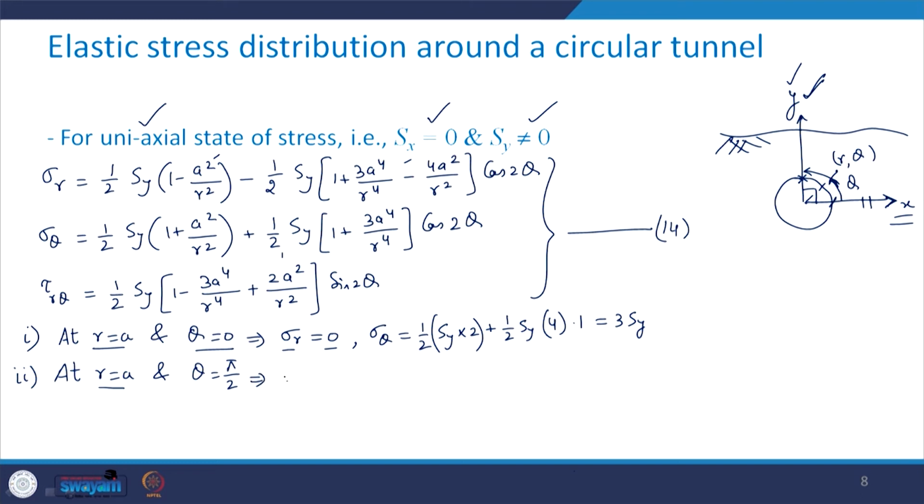See here, sigma r will become equal to 0 again because r is equal to a and this term will become equal to 0. The sigma theta will be half Sy into 2 plus half Sy into 4, and this cos of 2 theta, that is cos of 180 degree, will become equal to minus 1, and this will make it equal to minus Sy.